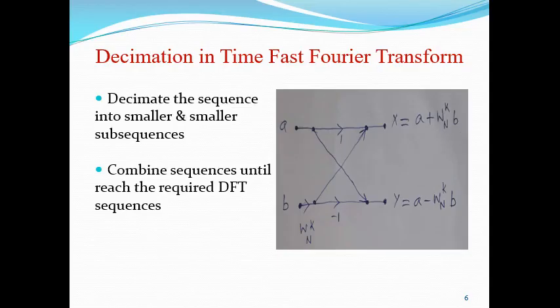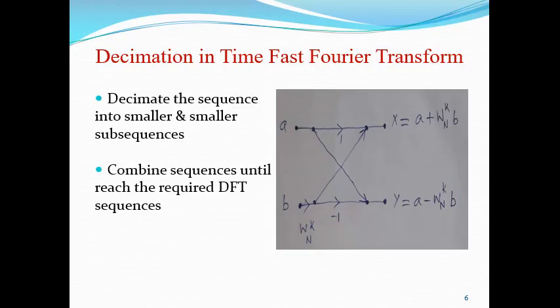According to the values present in the butterfly diagram, either +1 or -1, we can find the output or DFT points X and Y. Also in these computations, twiddle factor values are present, denoted w n to the power k.